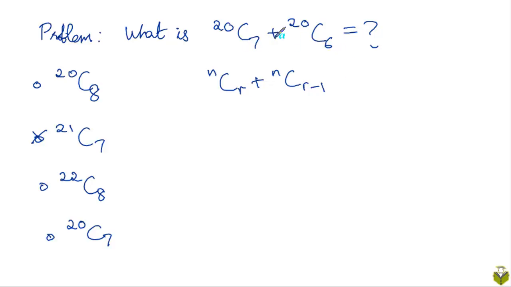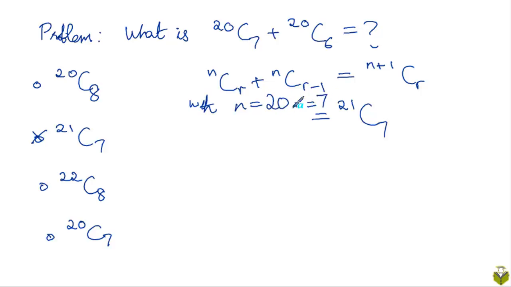You have to recognize the pattern here, that this is just 1 less than 7. So you get, like before, n plus 1 choose r, right? What will be the answer here? You just add 1 to the n, and r will be the same, which is 7. So basically with n equal to 20 and r equal to 7, this is how you apply the formula, and then you get the answer.